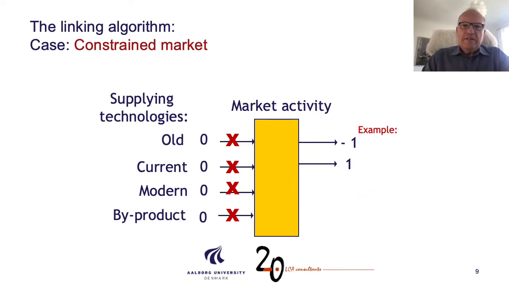Now, an example here is where you have a byproduct as the only supply to the market. Since byproducts are constrained, in this case sodium hydroxide, it's always a byproduct of chlorine.